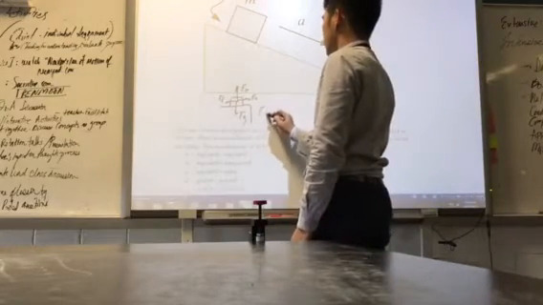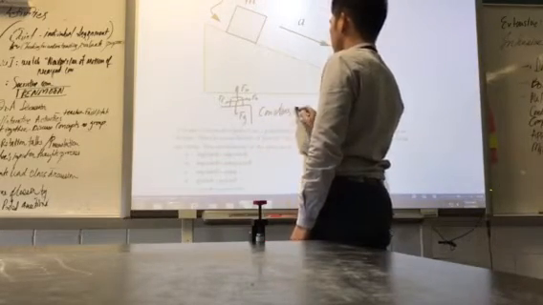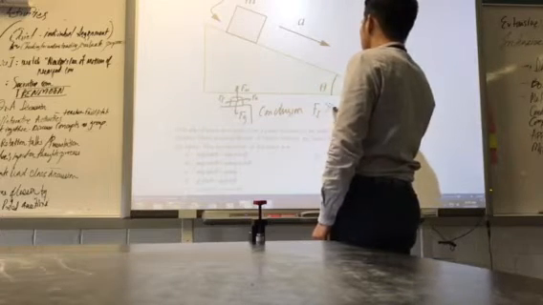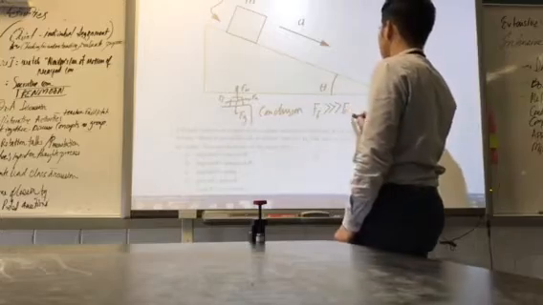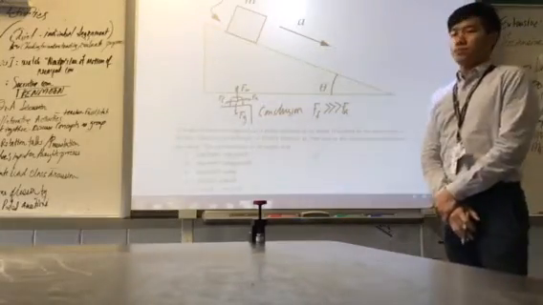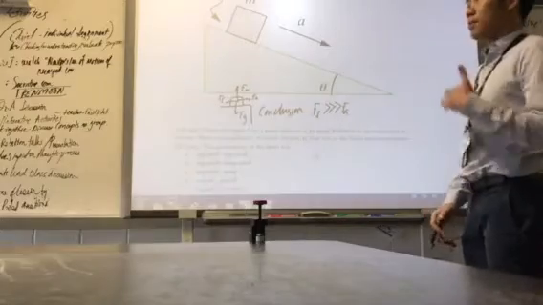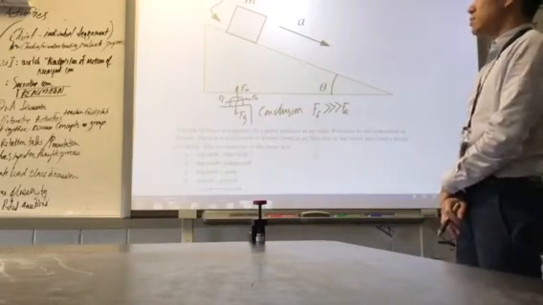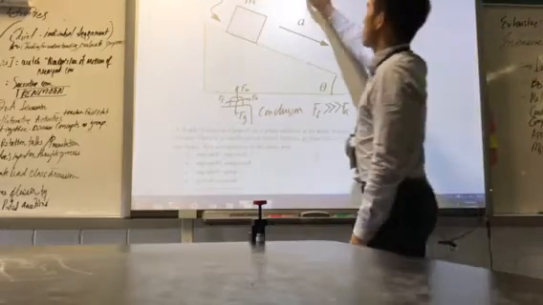So, conclusion: the frictional force must be much greater than the applied force. That way the box is not moving at all. We're going to apply the same concept in this diagram right here.